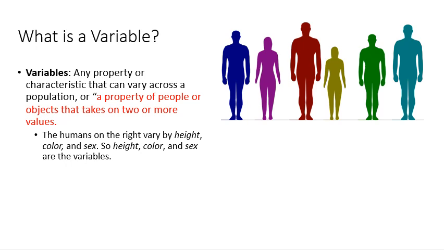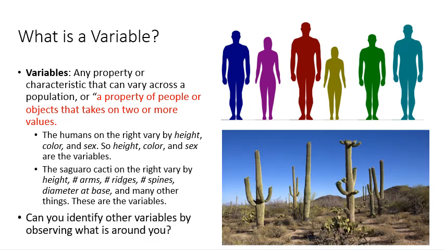So we can look at these humans, and in what ways do each of them differ? We could say they vary by height. They're all different heights. We could measure those. They vary by color. They're all different colors. They vary by sex. It looks like we have some male and some female bodies here. So in this case, height, color, and sex are the variables. The saguaro cacti here vary by a number of things.